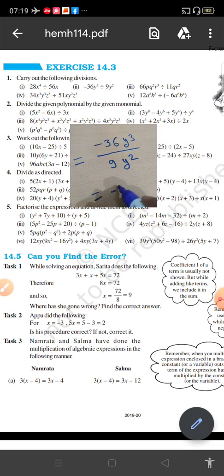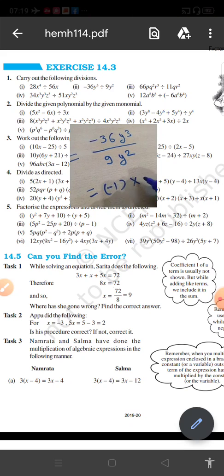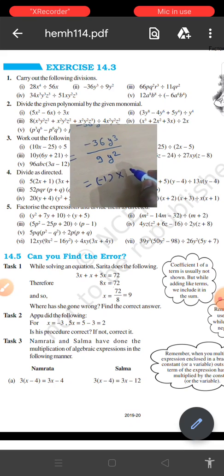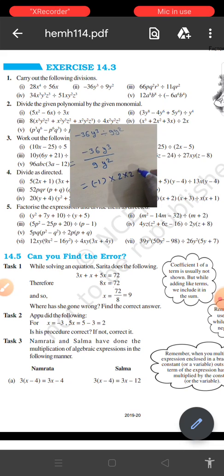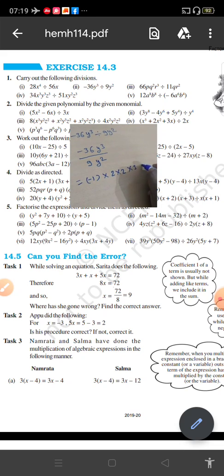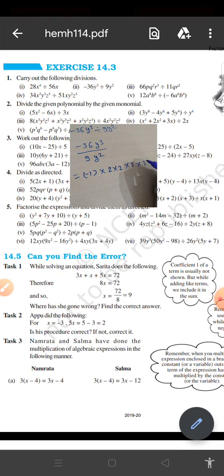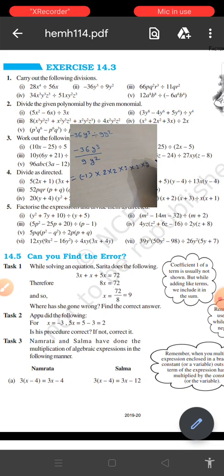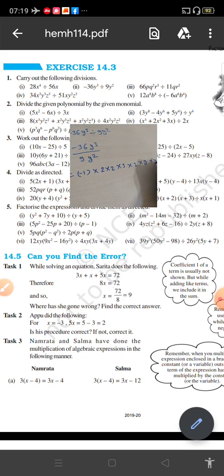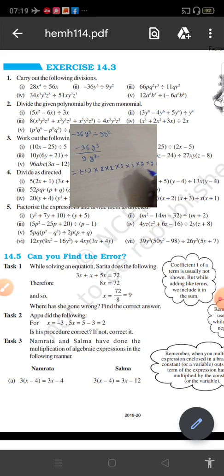You can write here minus 1 into 36, and 36 becomes 2 into 2 into 3 into 3, and y cube you can write y into y into y, 3 times.